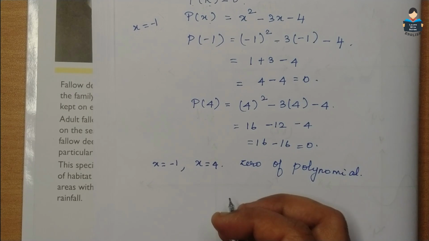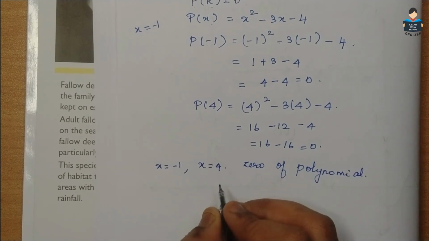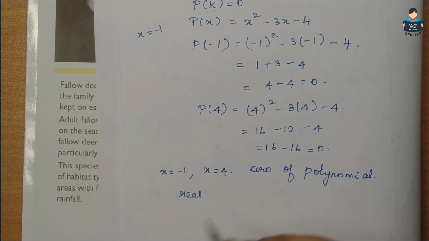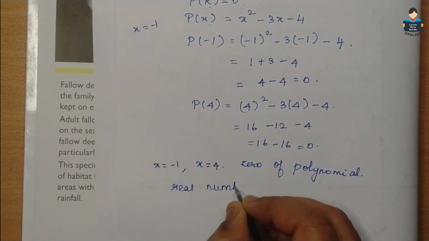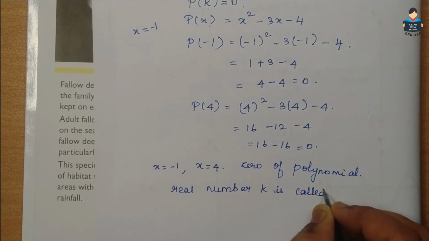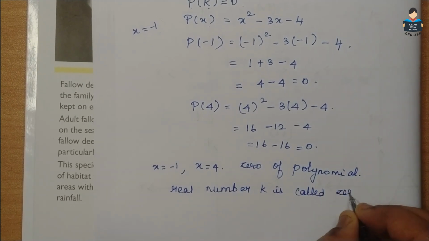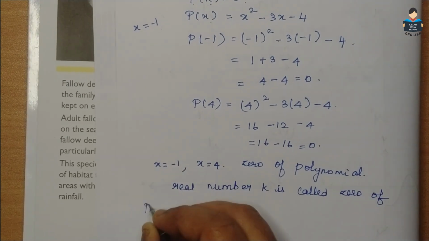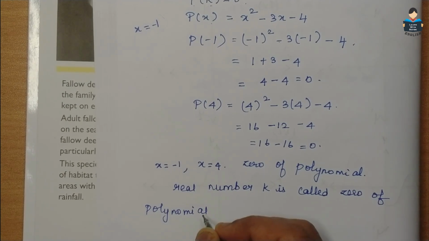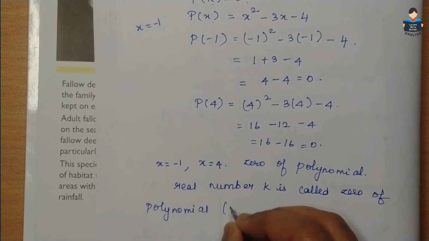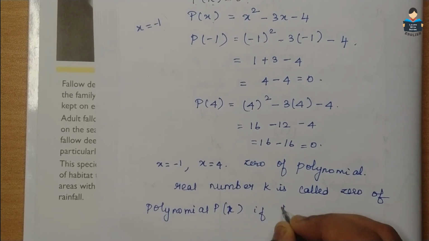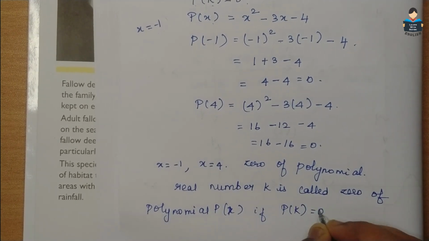In general, we can say the real number k is called a zero of the polynomial p of x if p of k is equal to 0.